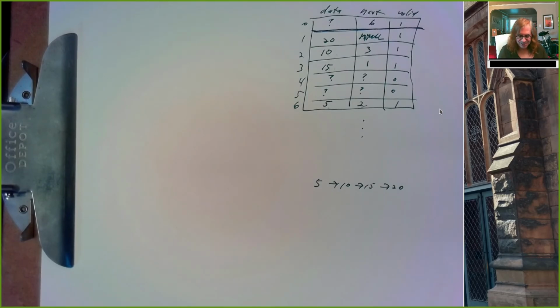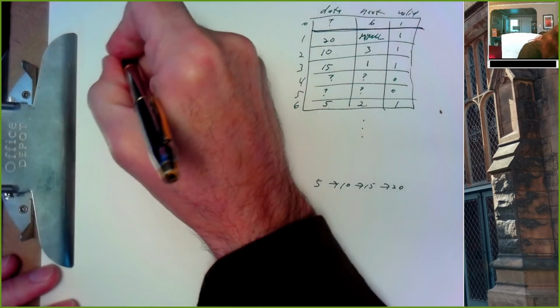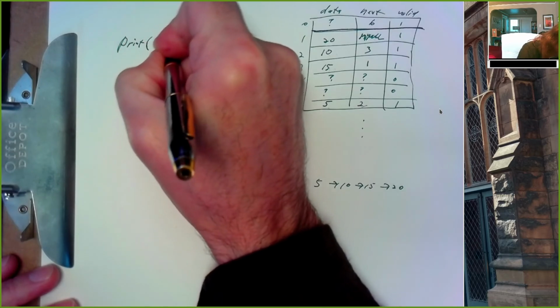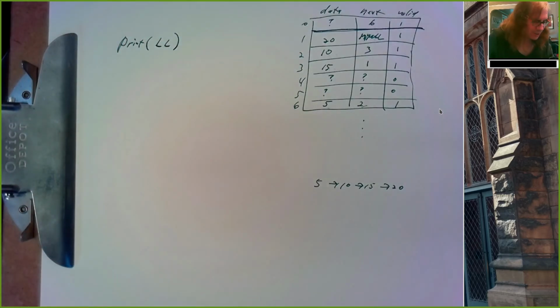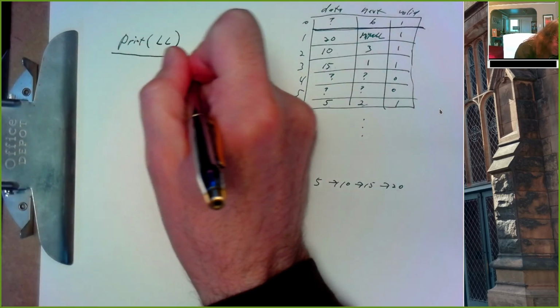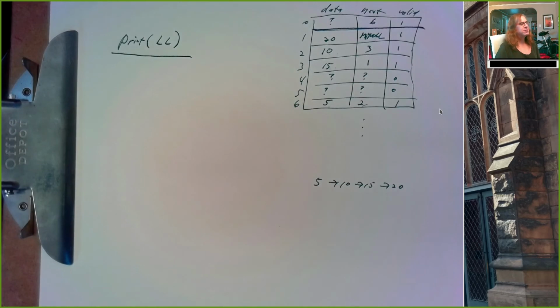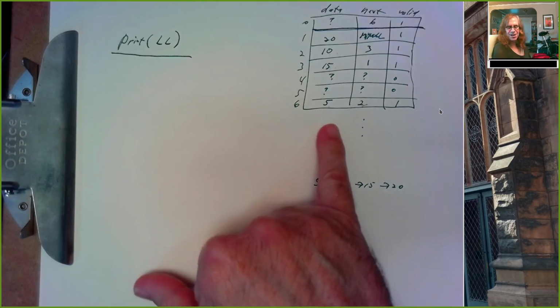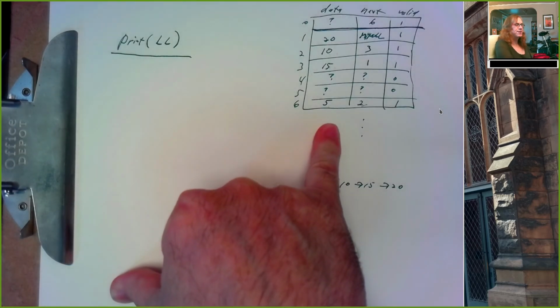And now let's think about a print function. So print, and we're going to pass it a struct node. I'm going to call it LL for linked list. And the goal is to print out the contents of our list in order. So here's a question. How do I find the index of the first node of my list? Because right now, it's down here at index 6 is where my list begins.